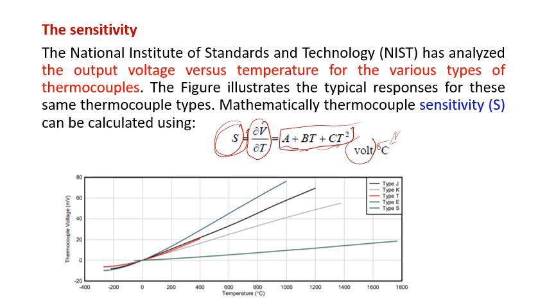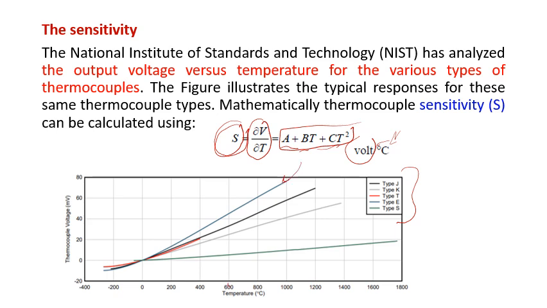thermocouple, there are many types of thermocouple. Many companies are producing the thermocouple, so each company will produce the characteristics for the thermocouple. From the characteristics, you can see here I'm giving a variety of types: J, K, T, E, S type. Each of them is giving a relation between V and T. So let's take, for example, this one.